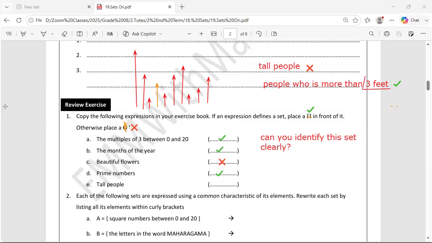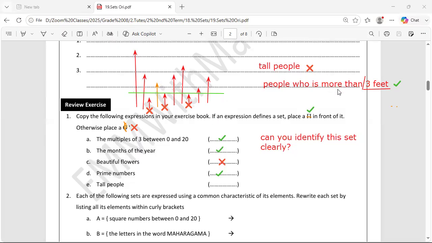Now, if I say this is the three feet limitation, then these guys will be rejected. This one rejected, and this one rejected. So now you can clearly identify who are the tall people.